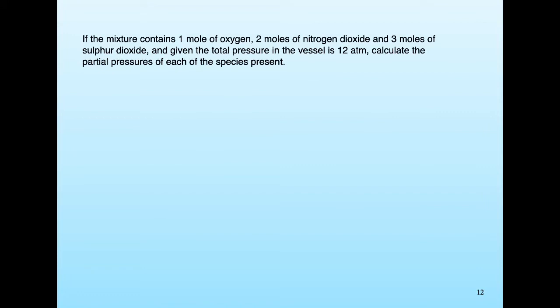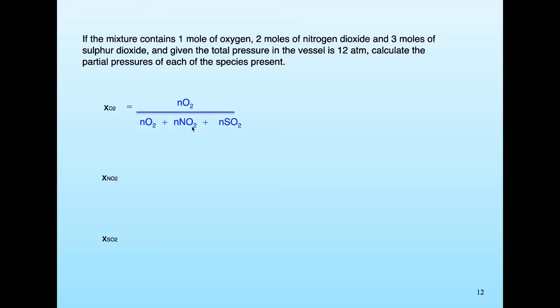Okay, so let's have a look at an example with some numbers in it. So imagine we have 1 mole of oxygen, 2 moles of nitrogen dioxide, and 3 moles of sulfur dioxide. The total pressure of the vessel is 12 atmospheres. To calculate the partial pressures of each of the species present. So, the mole fraction of oxygen, as we've just seen, is that, isn't it?